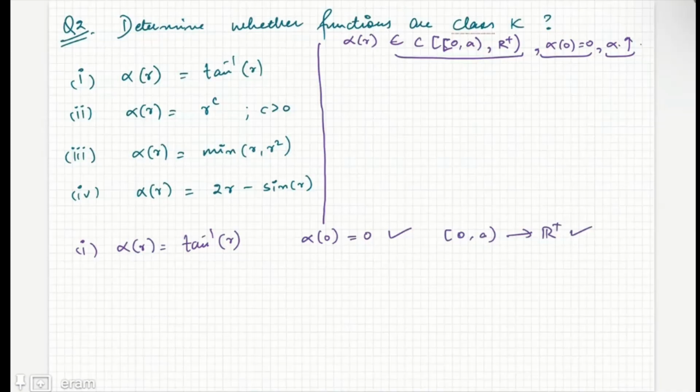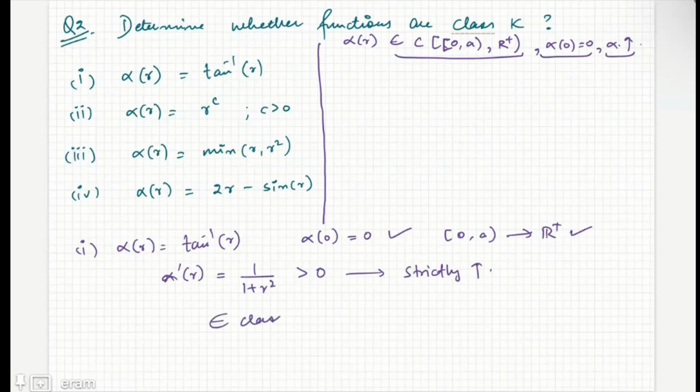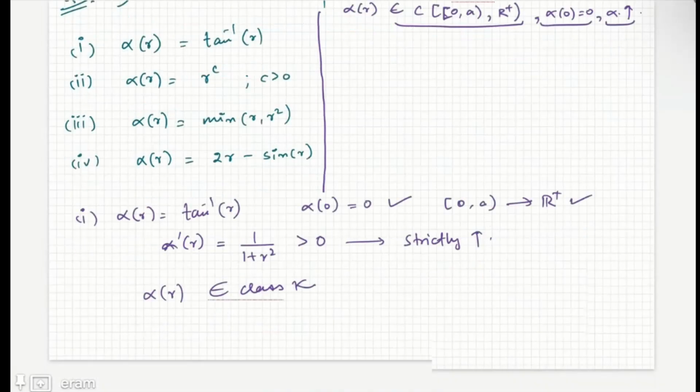If I find alpha dash r, that is the derivative of alpha with respect to r, it gives us 1 by 1 plus r square, which is greater than 0. That means this function is strictly increasing. So yes, this alpha r belongs to class K.